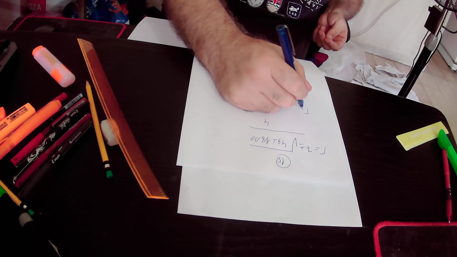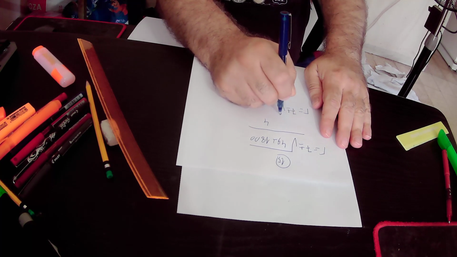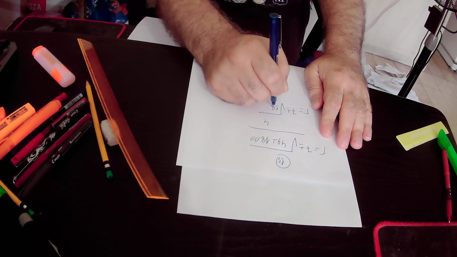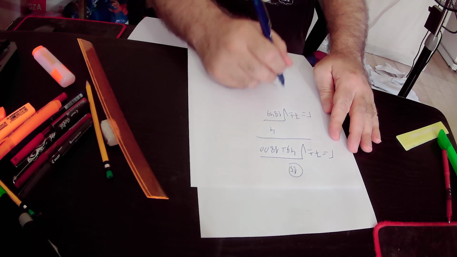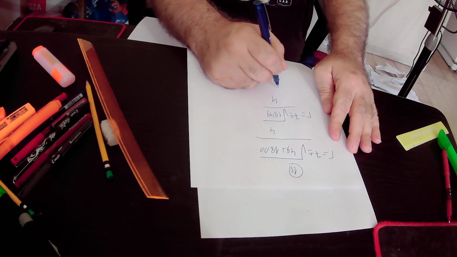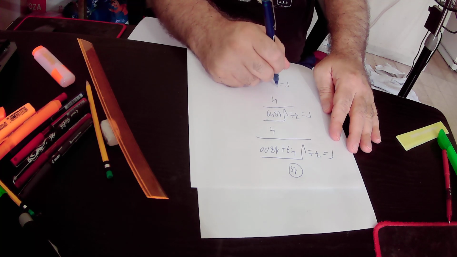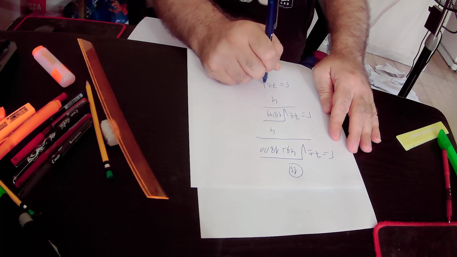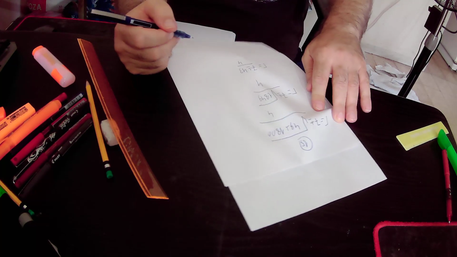So R equals to 7 plus minus root of 1849, and the root of 1849 is 43, so R equals to 7 plus minus 43 over 4.